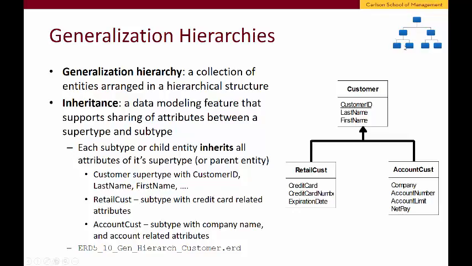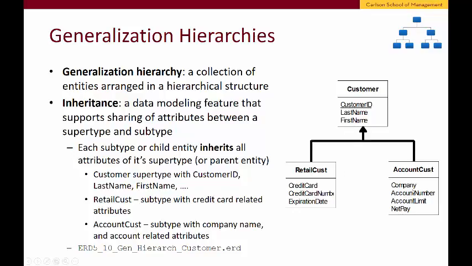The key concept is that of inheritance, where a subtype, child, inherits all the attributes of the supertype or parent entities, but also includes its own specific attributes, like these down here. For example, the customer supertype parent entity has a list of attributes in common to both retail customer and account customer subtype or child entities, and those are the customer ID, last name, and first name.